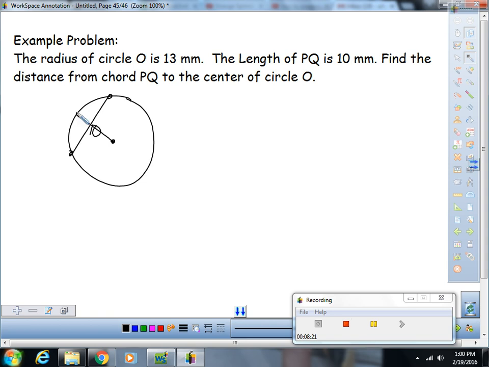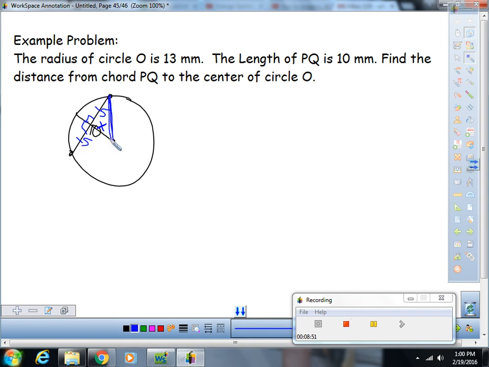What is the distance from the chord to the center? Well, this is what we're looking for right here, that distance x. And we know that there exists a radius that would bisect this chord. So this would be 5, and that would be 5.